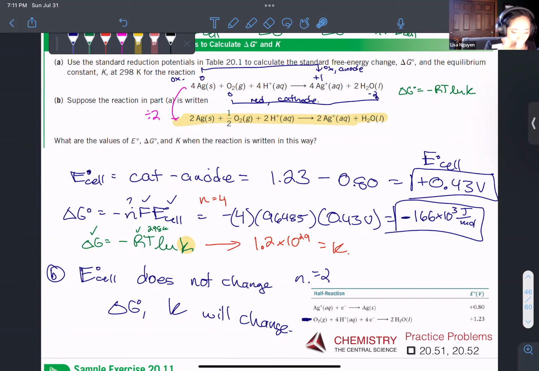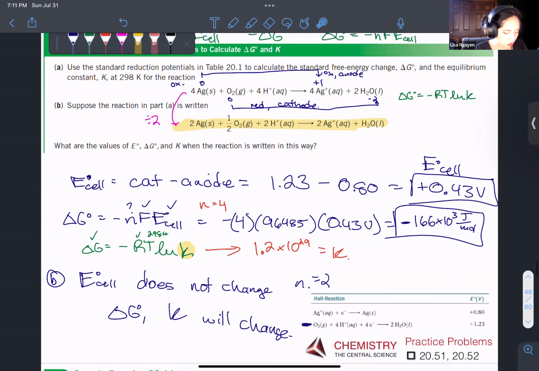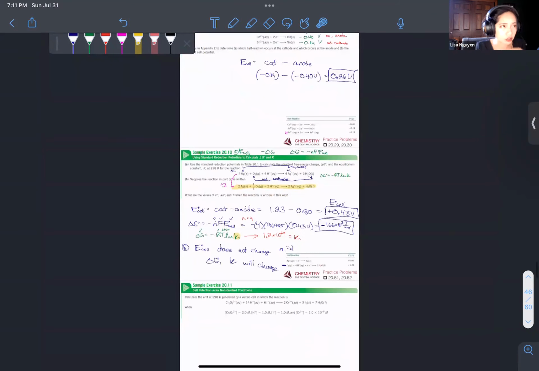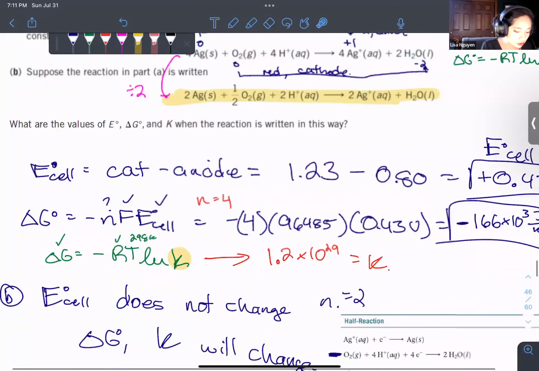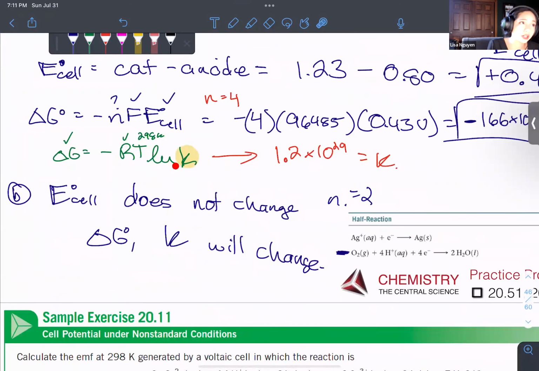All right, so I'm not going to do the work here. You can see in the key that those things do change, but not E cell, because there's no dependence on n. The new delta G value is divided by 2, but you don't divide K by 2. How we calculate K is we use delta G from the previous step. Just because delta G is divided by 2 doesn't necessarily mean K is divided by 2.